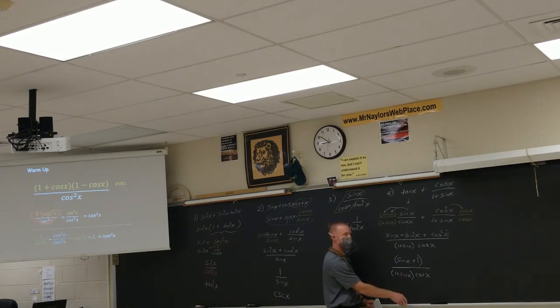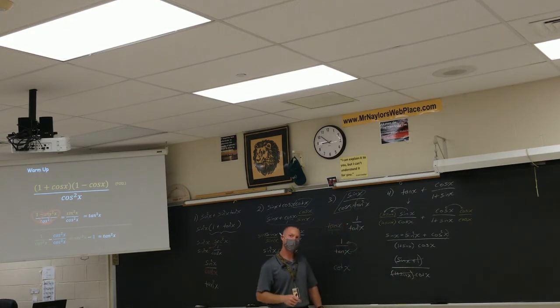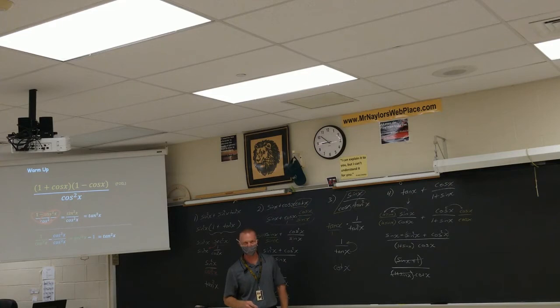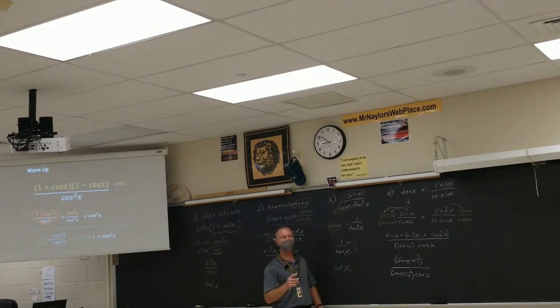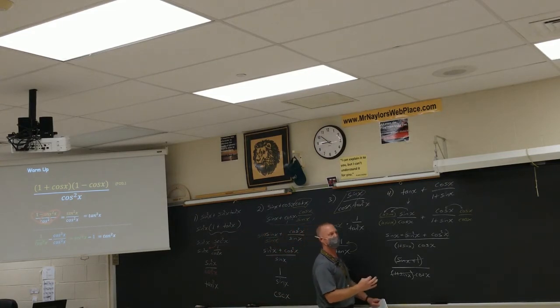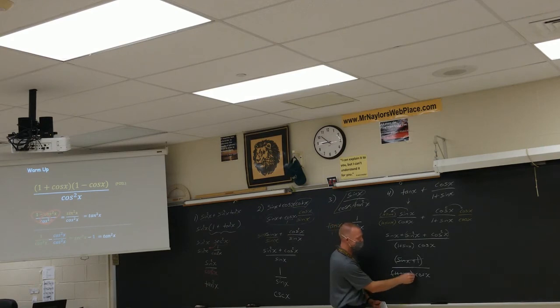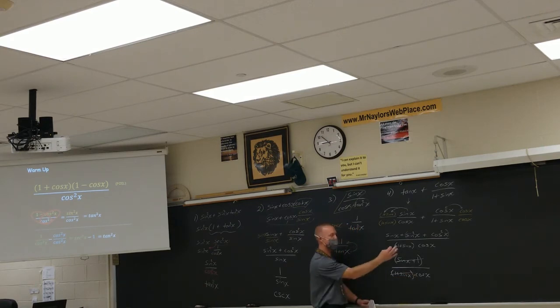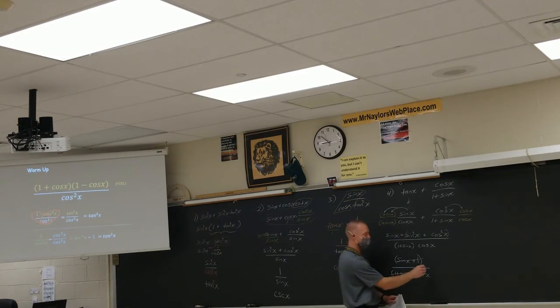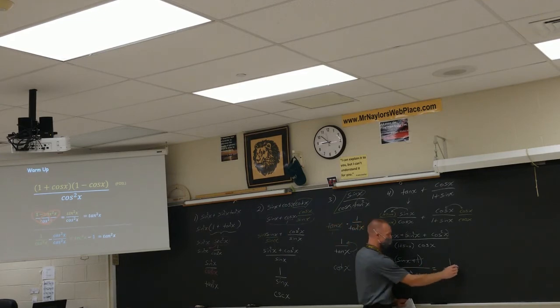Since they're the same, and since this is a multiplication problem, I'm allowed to cancel this entire group. Sometimes students are like, are you sure? I thought you had to do a heart method. You don't have to do a heart method because the entire group is the same and it's being multiplied. So all of a sudden, a lot of the problem cancels out, leaving us with 1 over cosine.